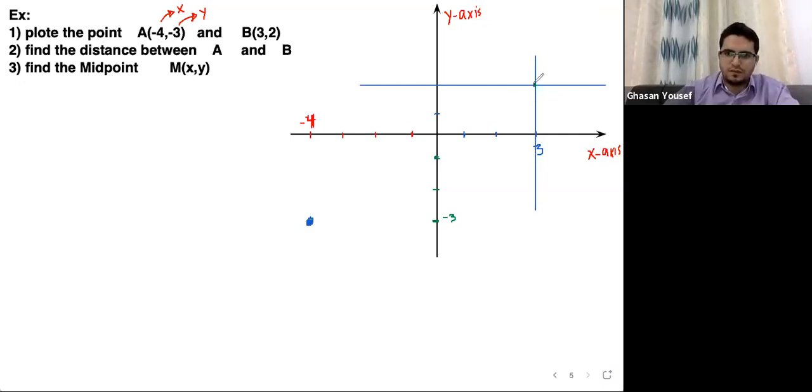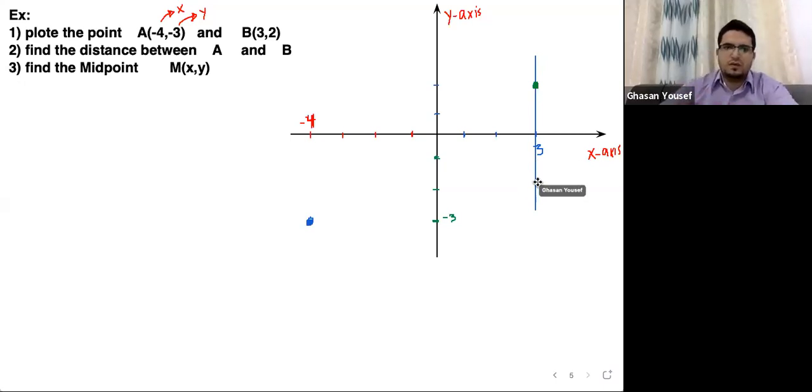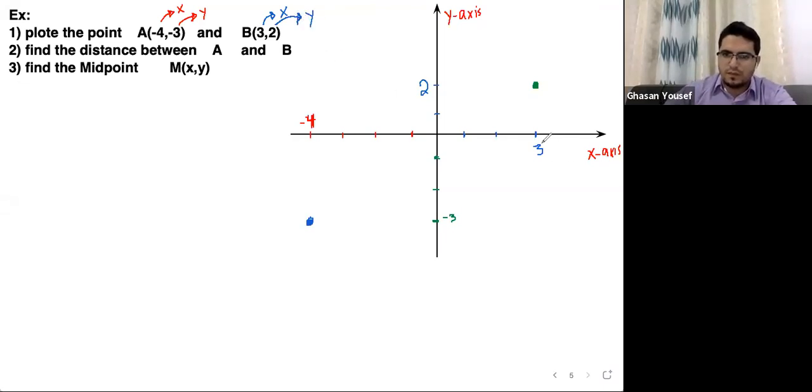This is my second point: 3 in the x and 2 in the y. This is the point B, and this is the point A. A is -4, -3, and B is 3, comma 2.